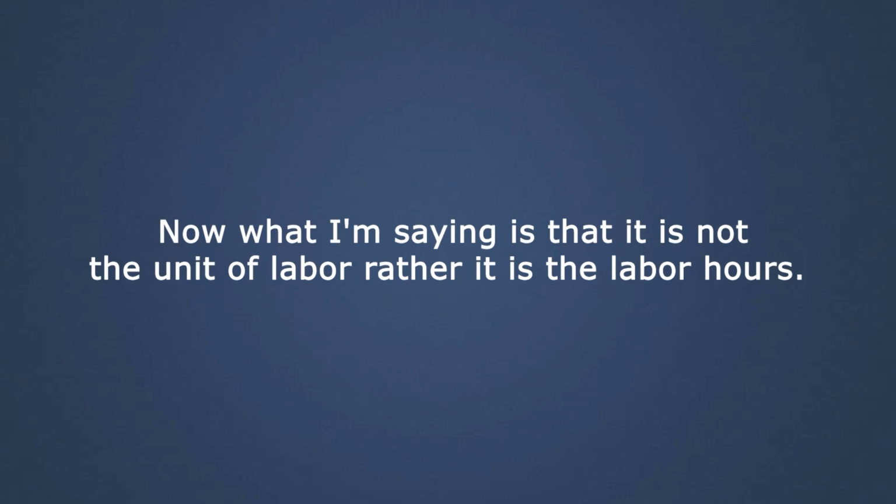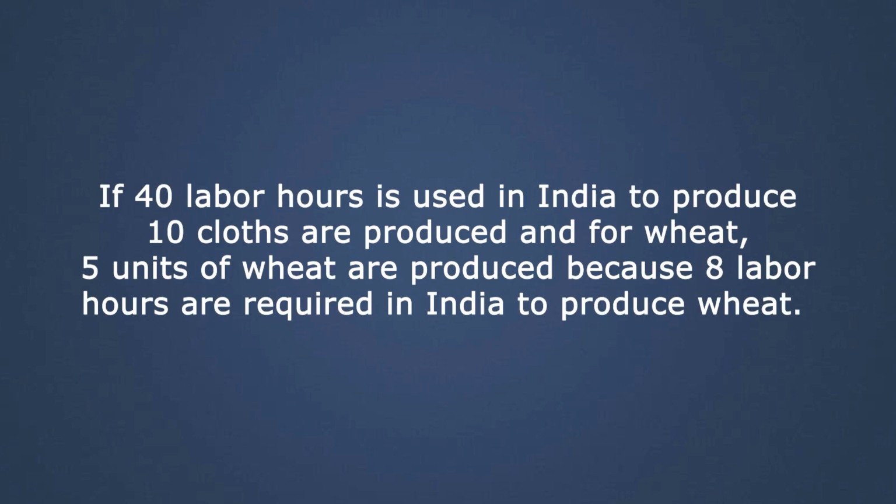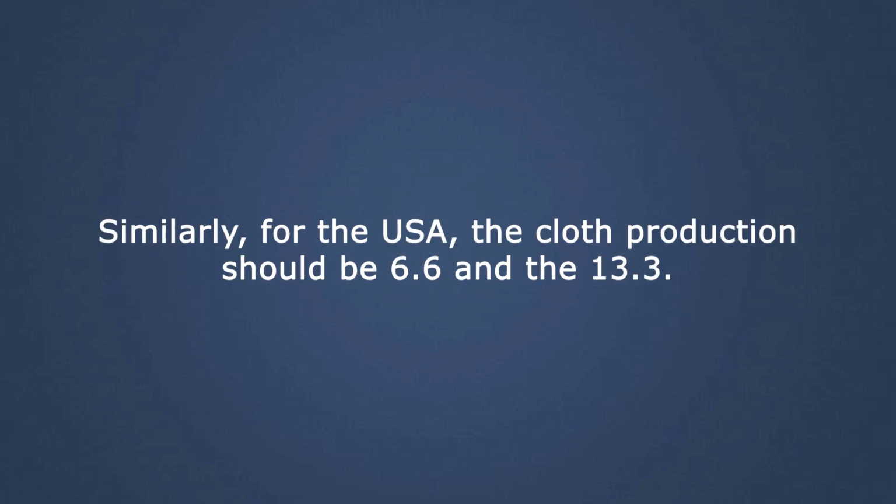Now what I am saying is that it is not units of labor, rather it is labor hours. So if 40 labor hours are used in India to produce cloth, 10 cloths are produced. And for wheat, 5 units of wheat are produced, because 8 labor hours are required in India to produce wheat. Similarly, for USA, the cloth production should be 6.6 and wheat 13.3.